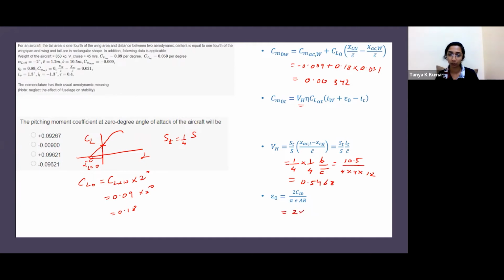Similarly, we don't have epsilon naught, so you have to calculate epsilon naught from this: 2 into CL naught, CL naught is 0.18 by pi, e is 1.